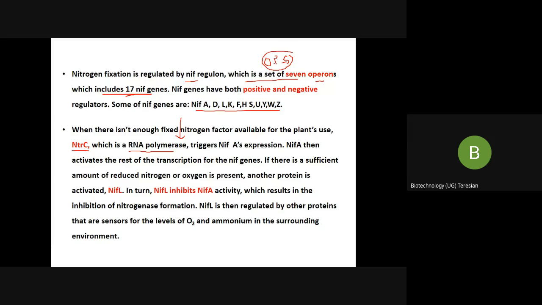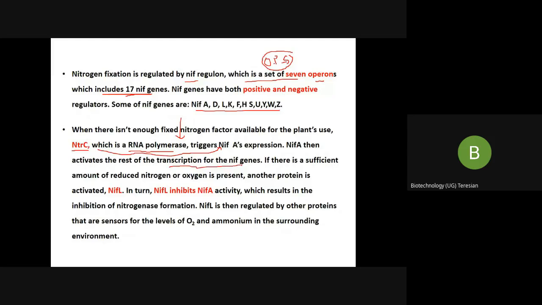What this RNA polymerase NTRC does is it goes and triggers the NIF-A gene. So the NIF-A gets expressed, and the NIF-A then activates the transcription of the rest of the NIF genes.